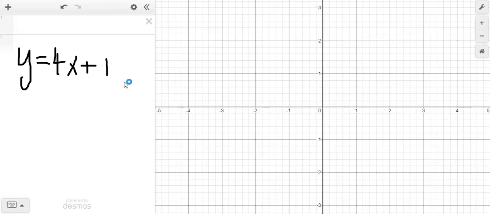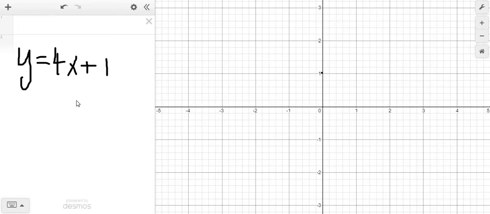Okay, so we know that this is the y-intercept, but the real question here is why? Why is this the y-intercept? Well, a y-intercept is when x is 0. So for example, when we're looking across the y-axis and we plot this y-intercept on this graph, we'd plot it right here. And as you can see, as y is 1, x is 0. And that's for any other y-intercept.